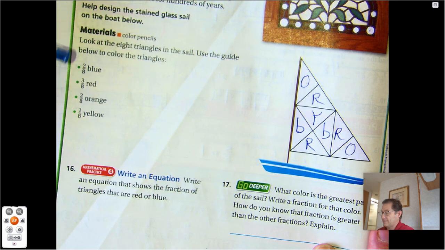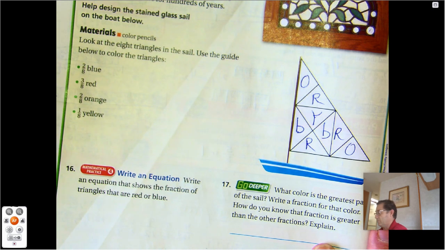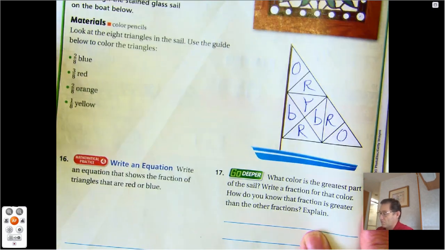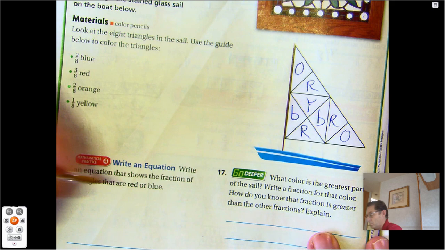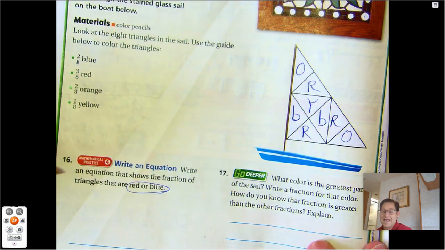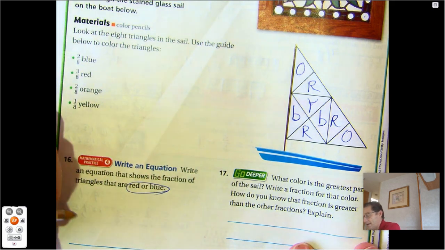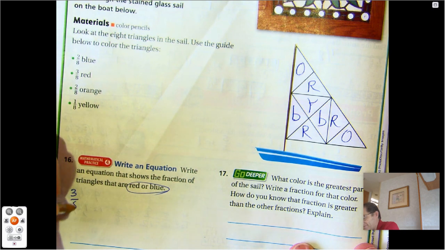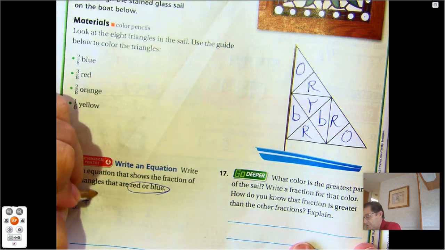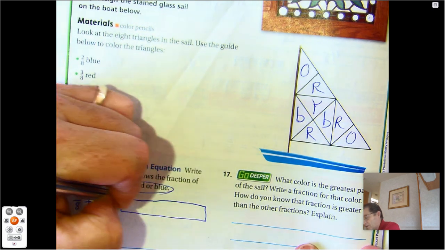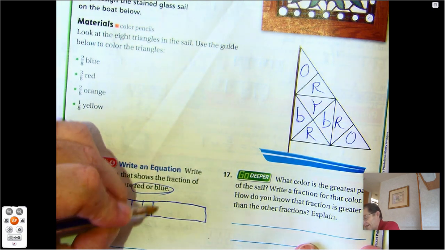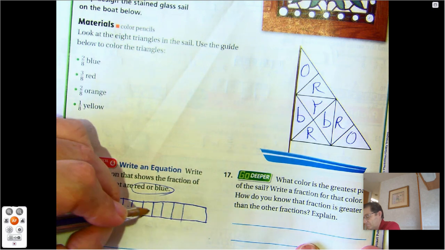Okay, so write an equation that shows the fraction of triangles that are red or blue. Red or blue. That means add them together. Red was 3/8 and blue is 2/8. So if we're going to use a model, we're going to break it into 8 size pieces.